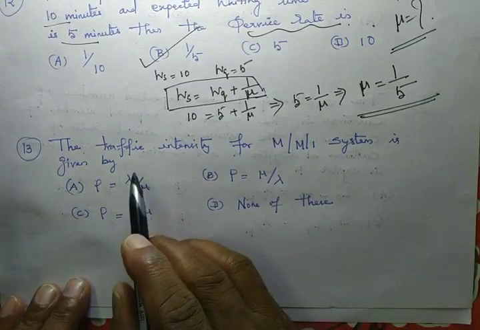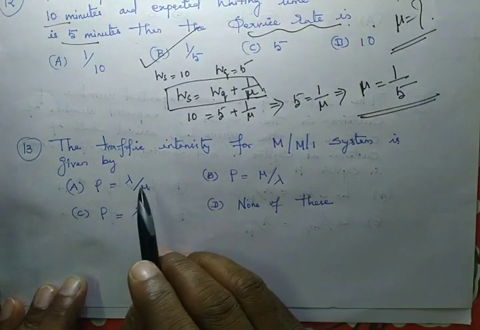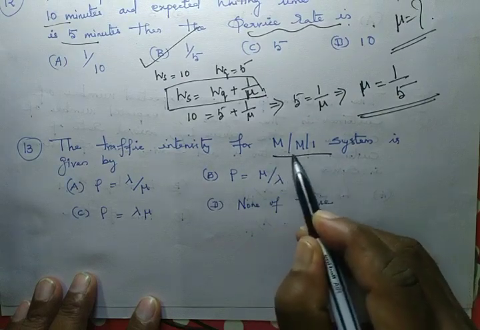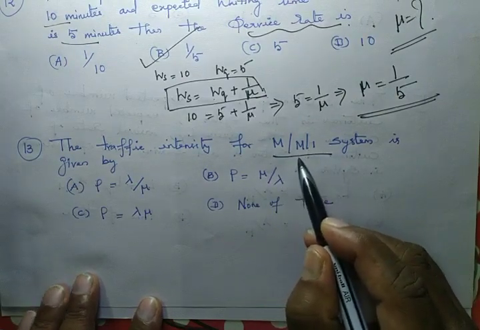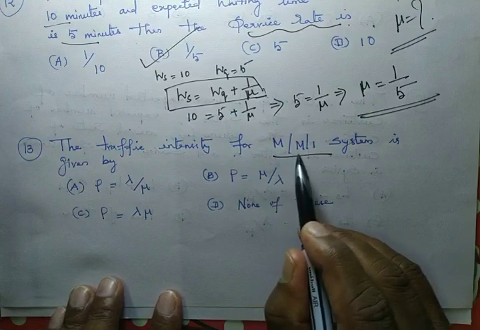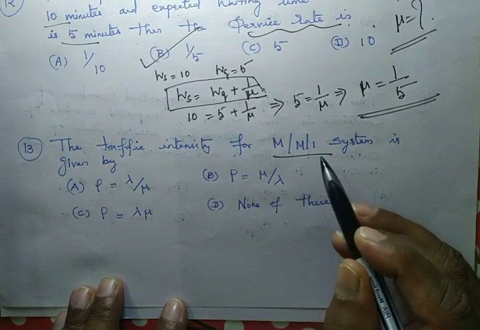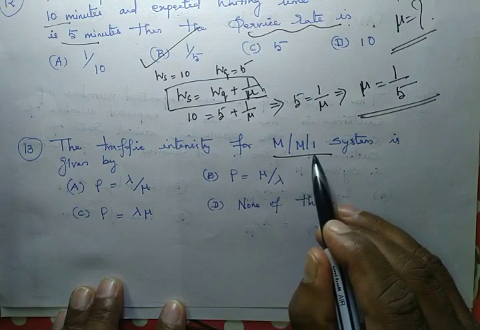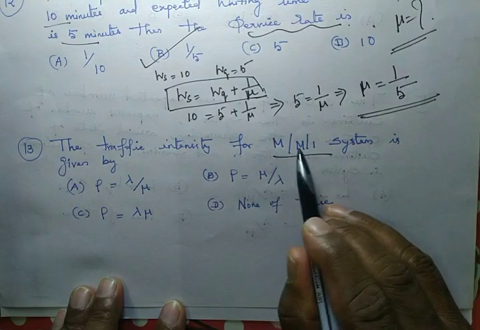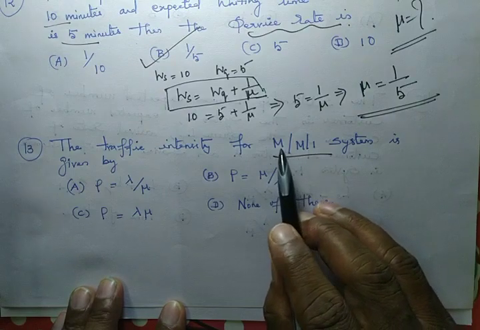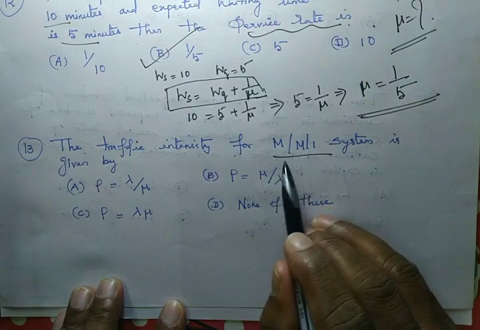Now, traffic intensity. I told you very clearly when I started queuing theory, the traffic intensity of this model, M/M/1, which indicates arrival, service, and the server, a single server. Arrival and service both come in the model of MM, which indicates Markovian models. What is a Markovian model, sir?